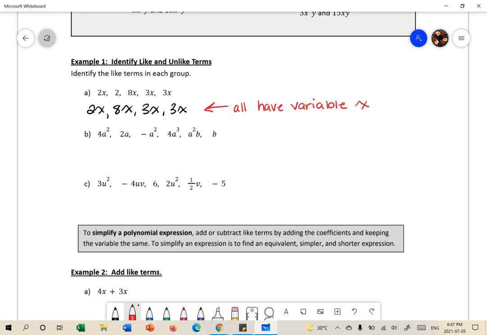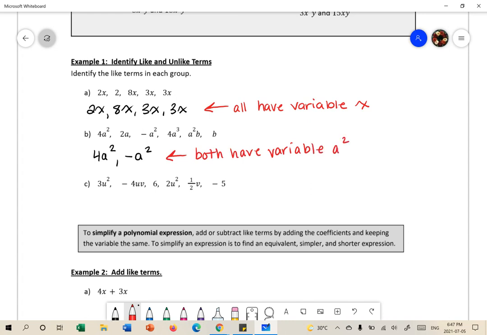In B, like terms are 4a squared and negative a squared. They both have variable a squared.